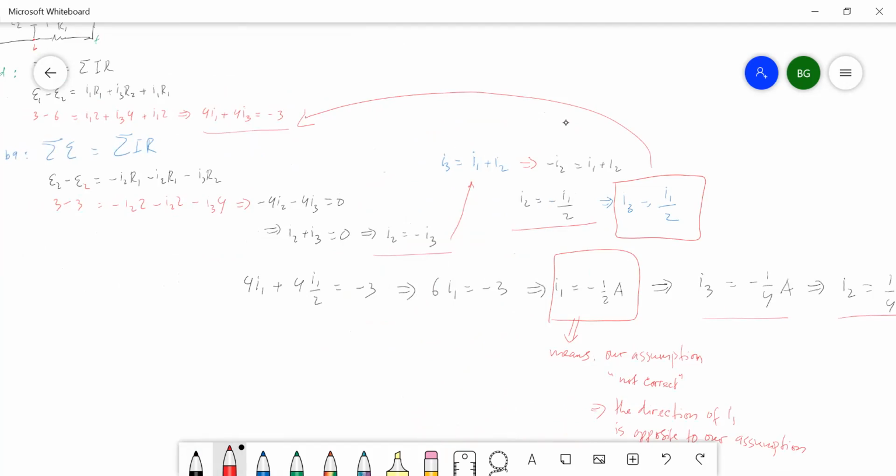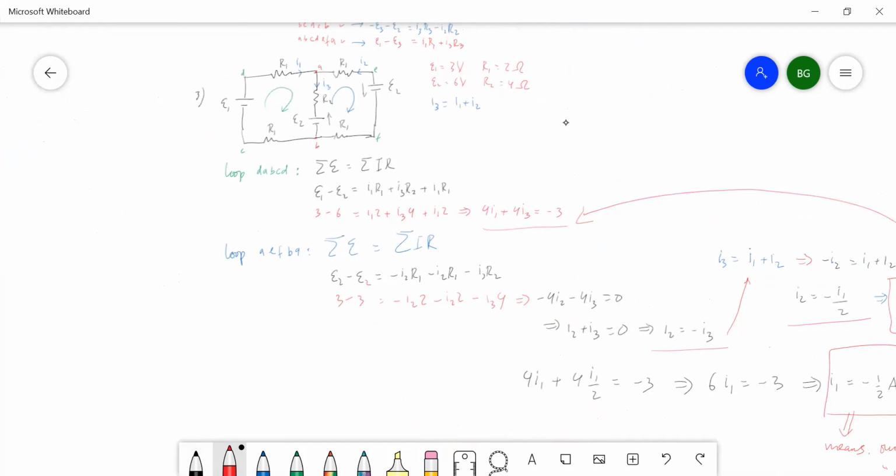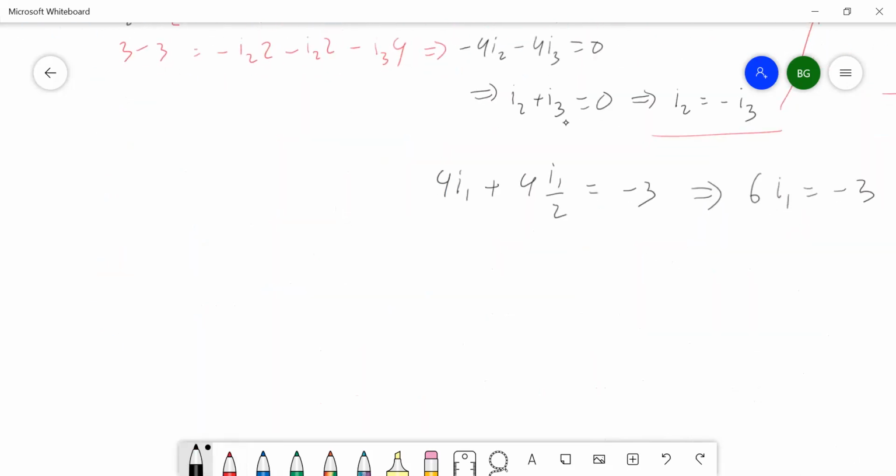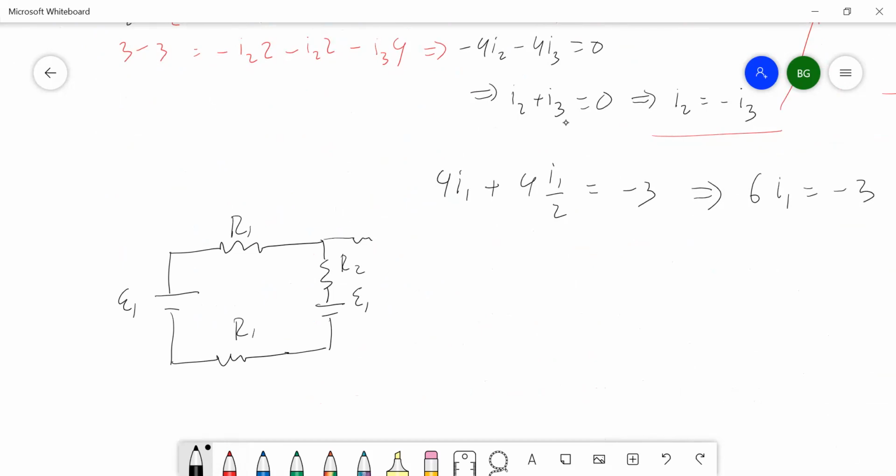So if we correct it, let's say this is R1, epsilon 1, R1. This is R2, and this is epsilon 2.